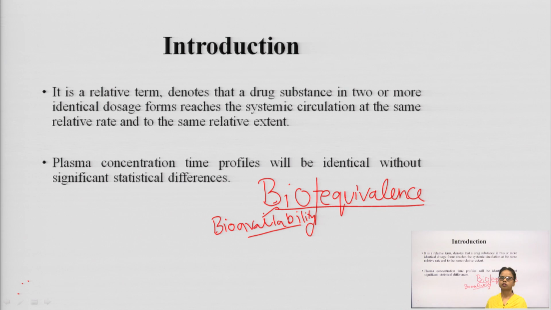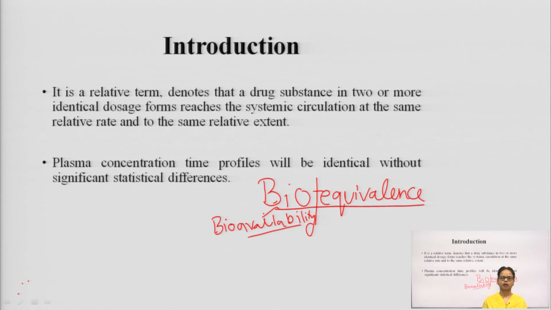It means to compare the bioavailability of two different doses or the same dose, to compare the bioavailability of two different dosage forms of the same salt, or two different drugs of different therapeutic activities.